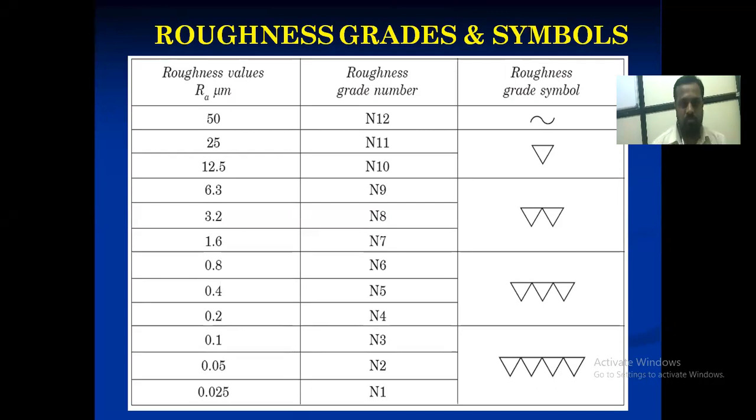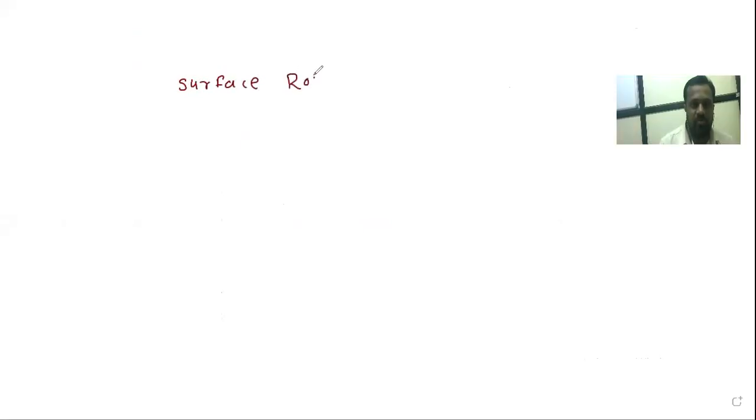In the last lecture, we covered the surface roughness symbol. First of all, we saw the basic three symbols of surface roughness.